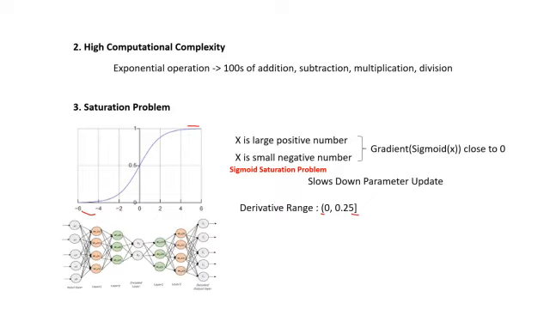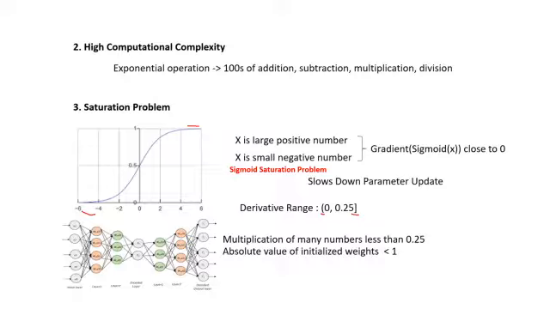So suppose your neural network is complex, it involves many layers, then the partial derivative calculated according to the chain rule would imply multiplication of many numbers which are less than 0.25, and generally the absolute value of the initialized weights is less than 1, and this will mean that the gradients will approach 0, and this will ultimately lead to the vanishing gradient problem.